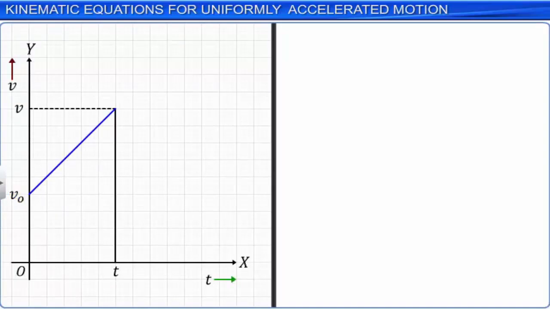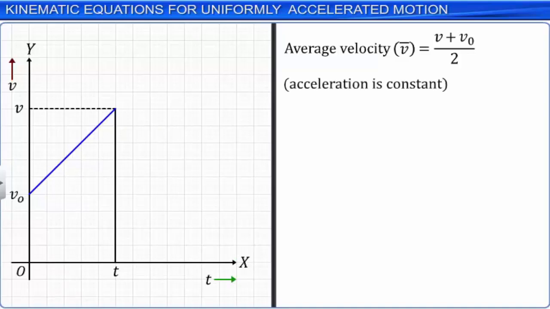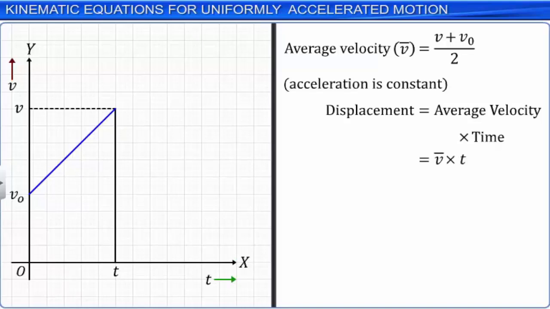We know that displacement is the product of average velocity and time, that is, the product of v dash and t. From equation 1, v is the sum of v0 and at. By rearranging the equation, we get time t equal to the ratio of the difference of v and v0 and a.